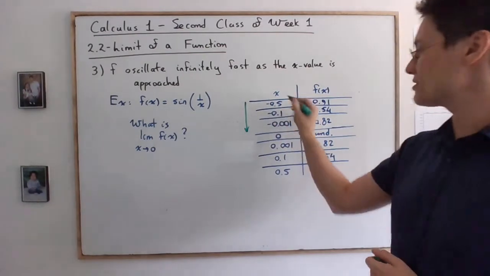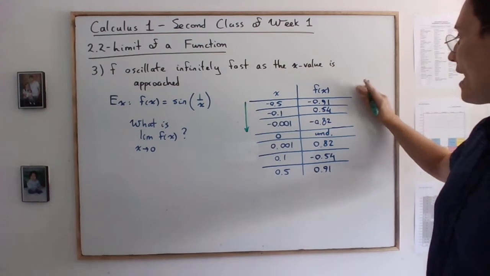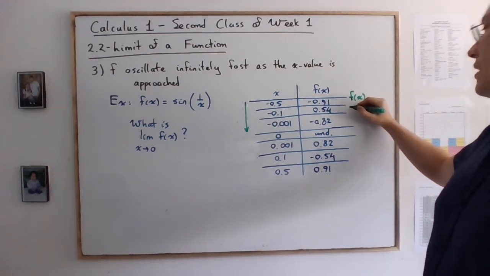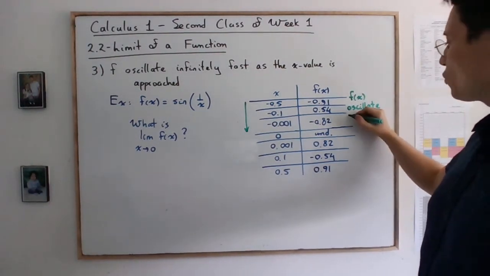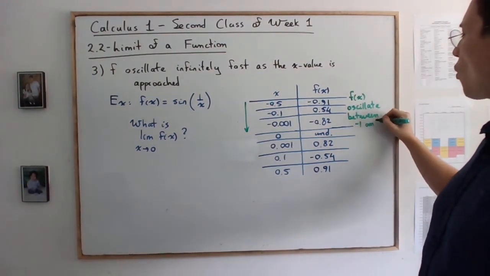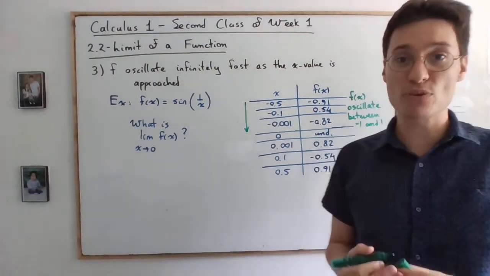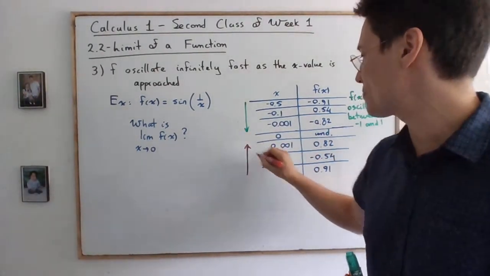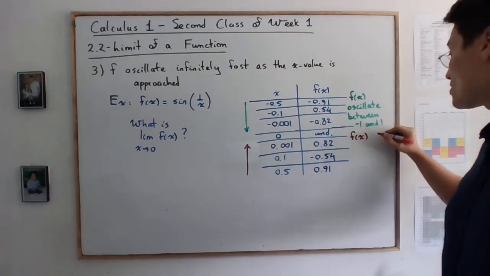If you're approaching 0 from values below 0, f of x oscillates between -1 and 1, but in neither case is it approaching a very specific value. It does the same thing when x is approaching 0 from above. So in this case, f of x also oscillates.